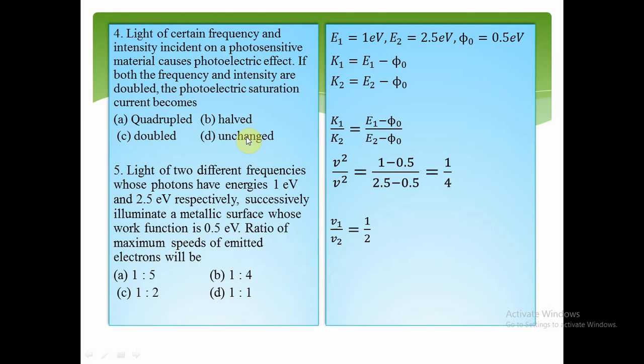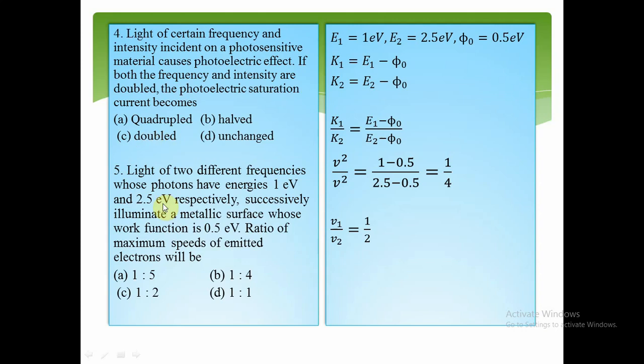But the photoelectric saturation current does not depend on the frequency of the light. Therefore, option C must be right here. Option C is right.